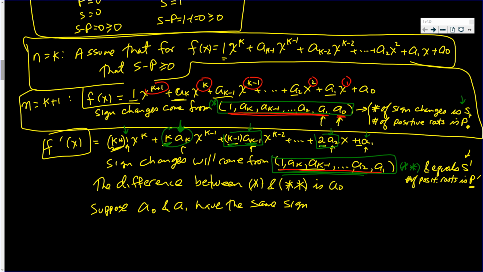Now, we said that just these, up to A1, the number of sign changes is S prime. That's this list.